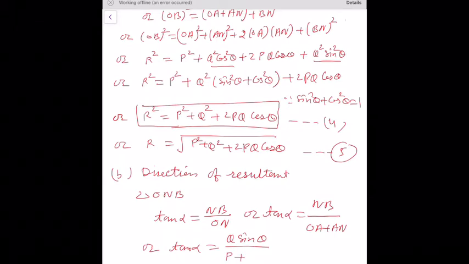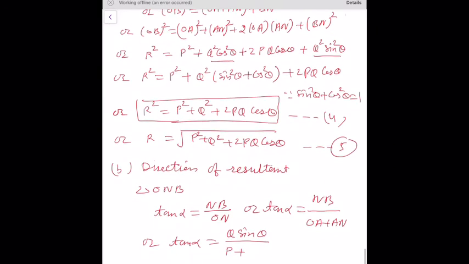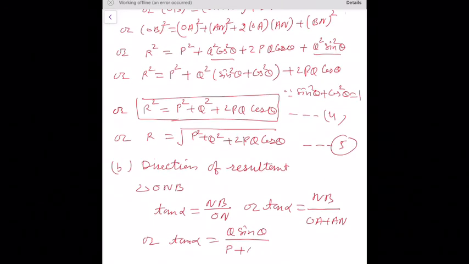OA P plus AN from equation first, AN put Q cos theta, or we can write alpha equal to tan inverse Q sin theta upon P plus Q cos theta. That is equation 6.